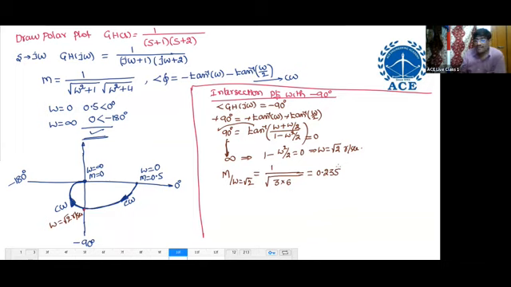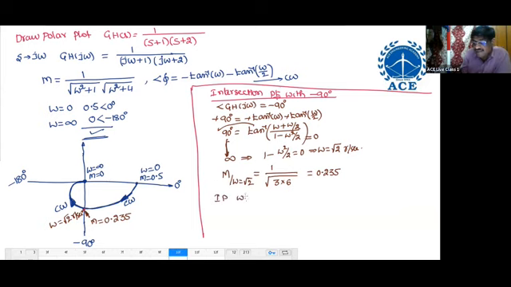So the magnitude is 0.235. Phase is minus 90, magnitude is 0.235, frequency √2 radians per second. Now, what is the intersection point?